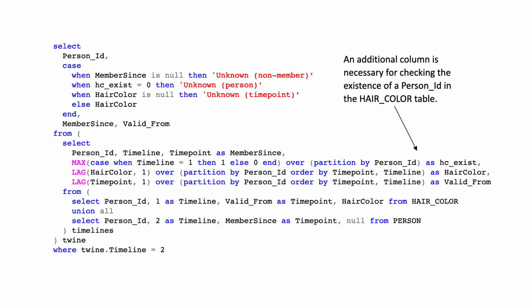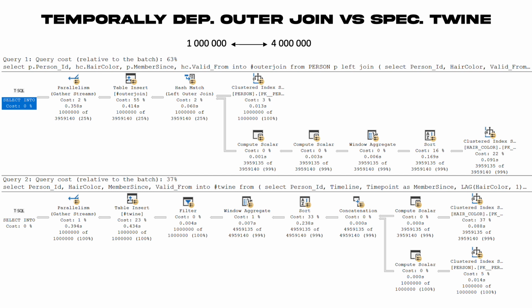Now, when it comes to performance, this is where it becomes interesting, because the idea was that we want to increase performance. This is a comparison of the outer join versus this specific twine at the bottom. In order for this to actually be relevant, we added more data. So we have 1 million rows in the person table and 4 million rows in the hair color table.